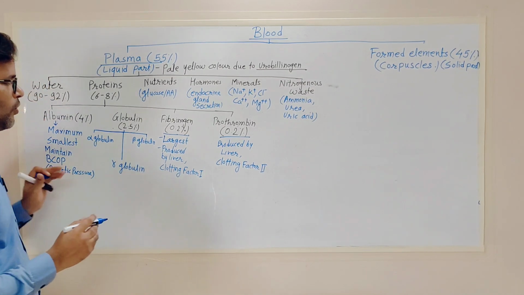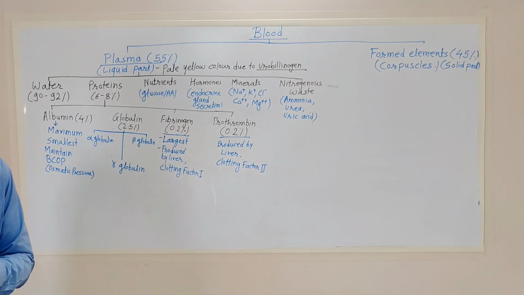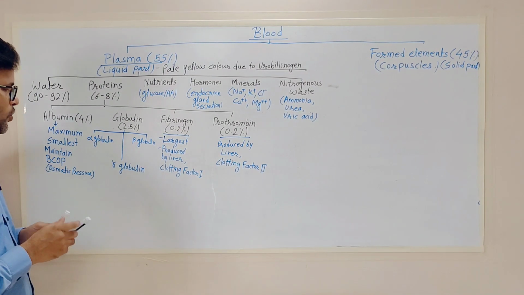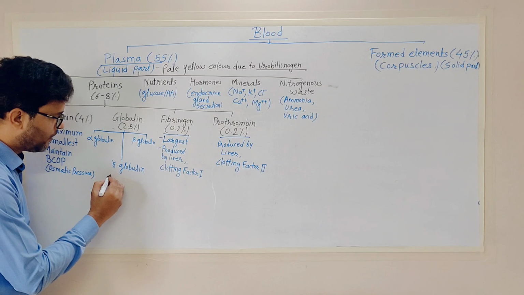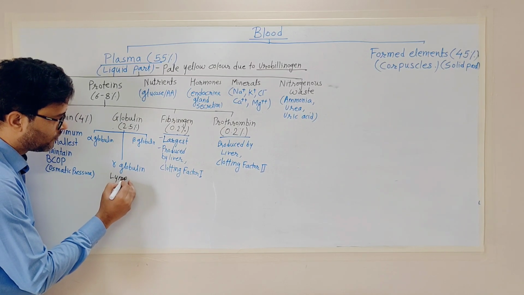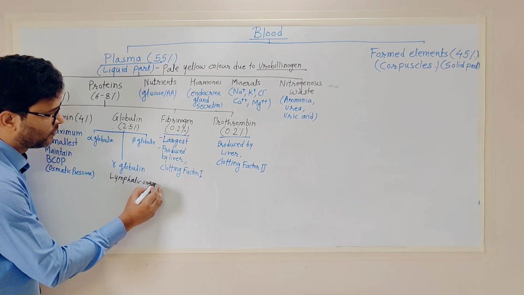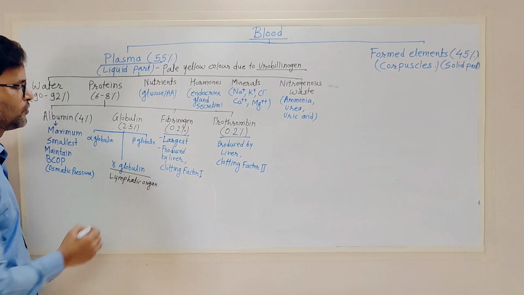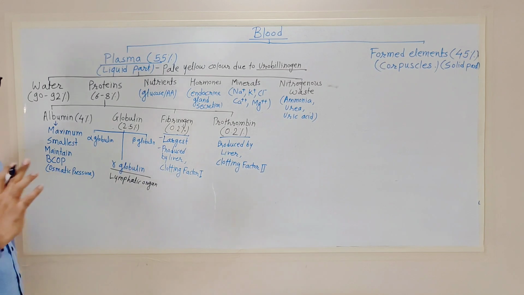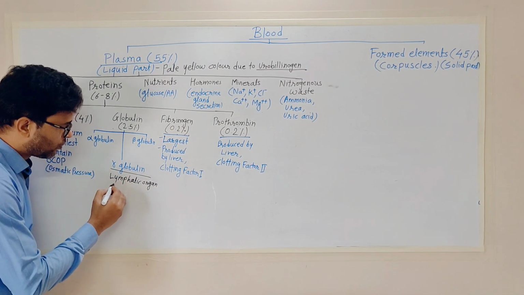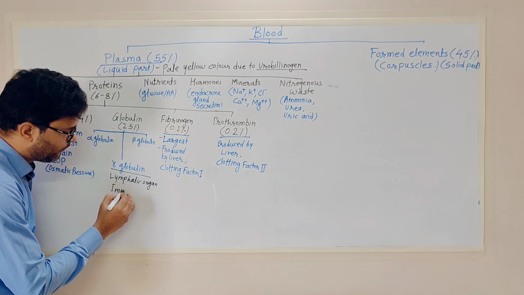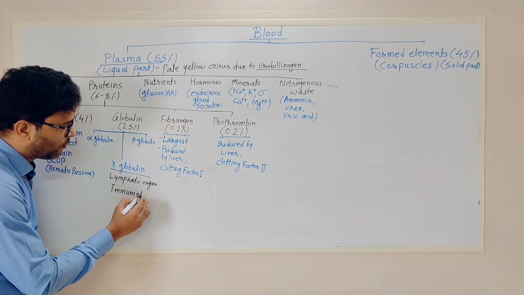So gamma globulin is a specialized one because it is produced by the lymphatic organs. So lymphatic organs produce the gamma globulin, and it is also called immunoglobulin.